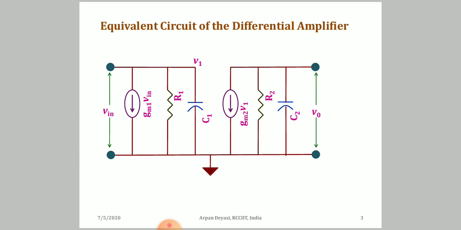Since the second stage is dependent on the input side, it will be GM2 into V1, where V1 is the output voltage of the first stage. And I am getting V0 as the output voltage. So that's a very simple equivalent circuit of the operational amplifier considering the two MOSFETs.